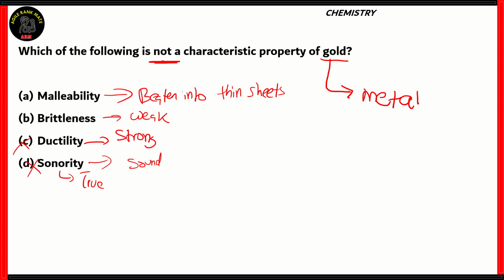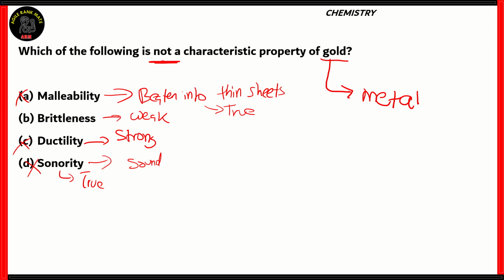If you look at option A, beaten into thin sheets, now this is also true because if we try to cut a piece of metal, it will not break into pieces but rather into thin sheets. So option A is incorrect because it is true, but the question is asking which of these is not a characteristic property of gold.